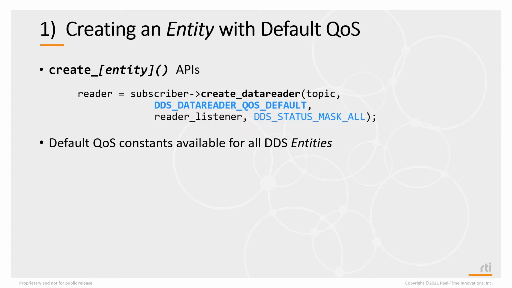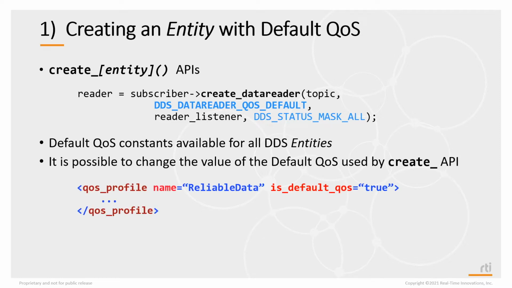Typically or normally the default QoS value is the documented default. So it's whatever is being documented as the default value for the QoS policies for that entity. However, you can change what it means to be the default QoS used by the create API by setting is default QoS to be true.